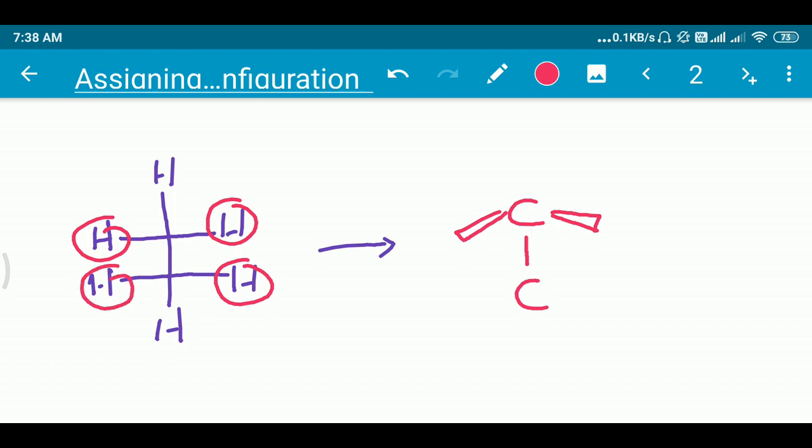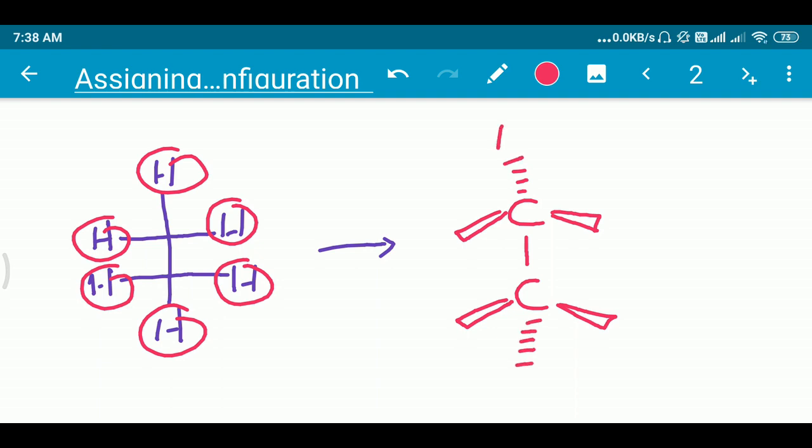So these two horizontal bonds are drawn as wedge representation, and these two vertical bonds should be drawn as a dash representation, which means these two hydrogens are moving away from the observer, and these two hydrogens are projecting towards the observer. This is how we draw a perspective formula for a molecule.